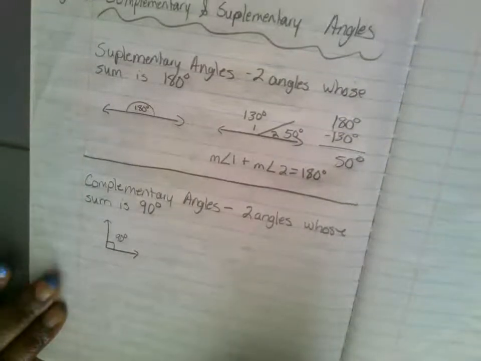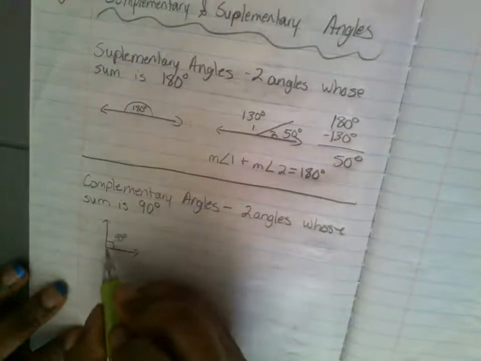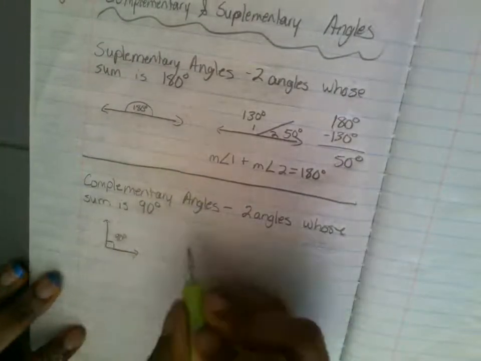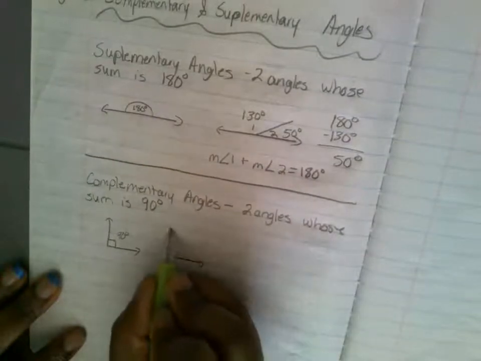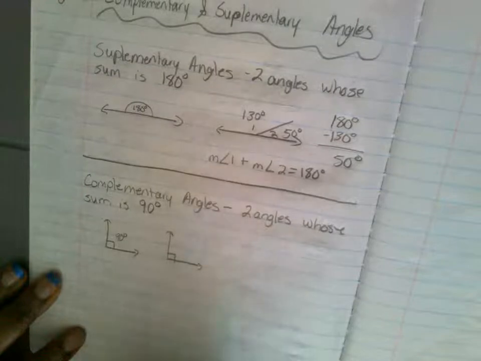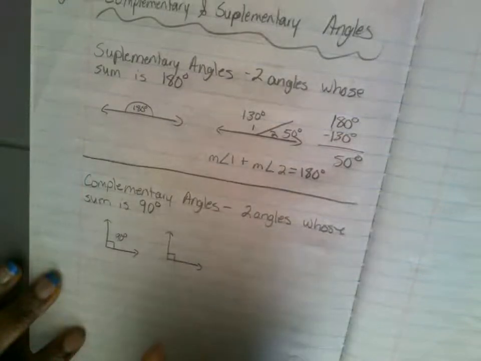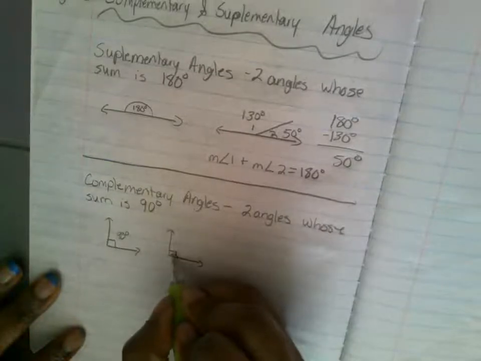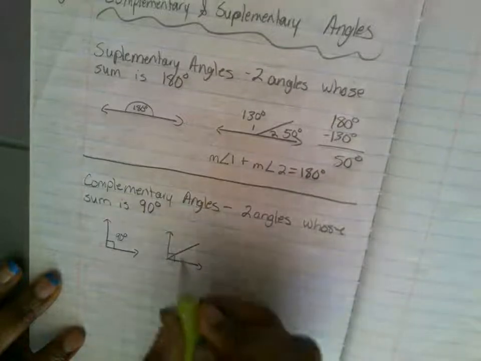All right, so let's do a quick little example here. If I draw another angle and put a box here, that means that this angle is exactly 90 degrees. And I cut that angle in half and create two angles.